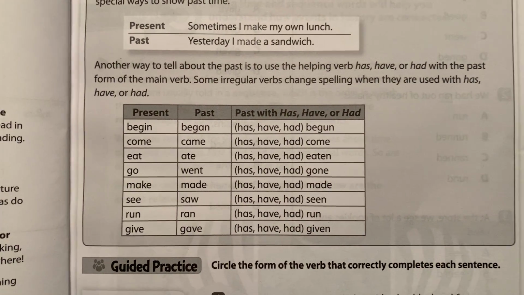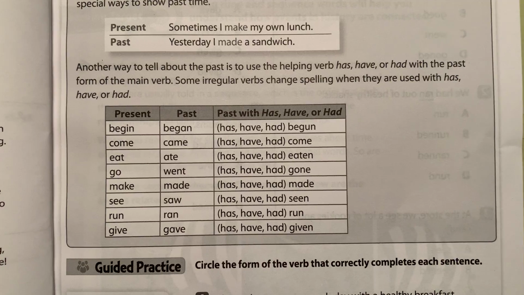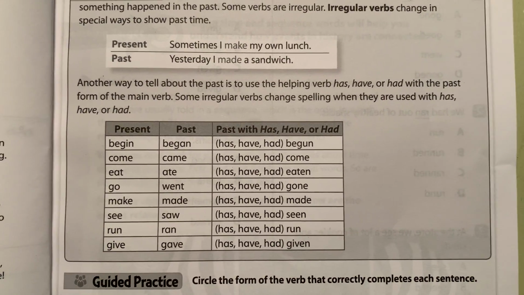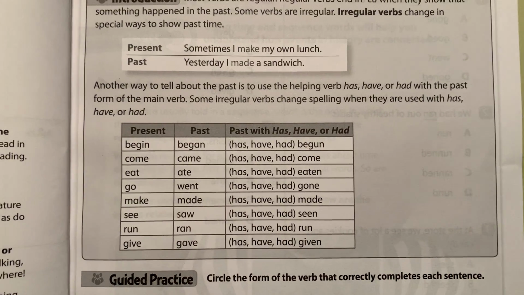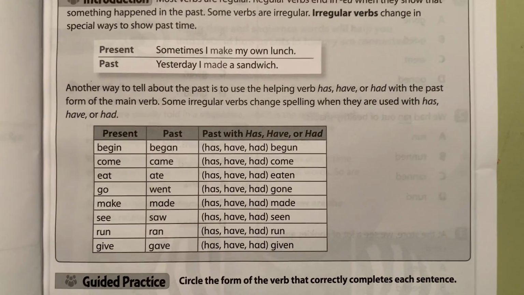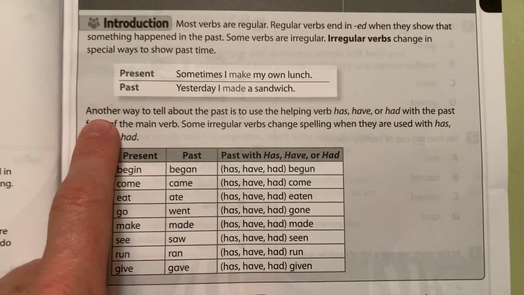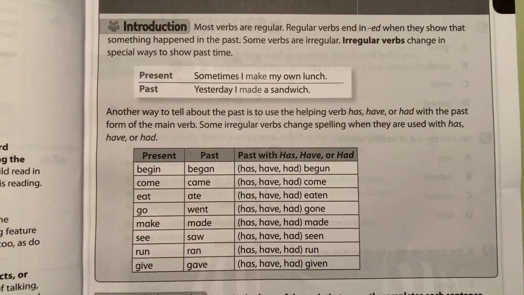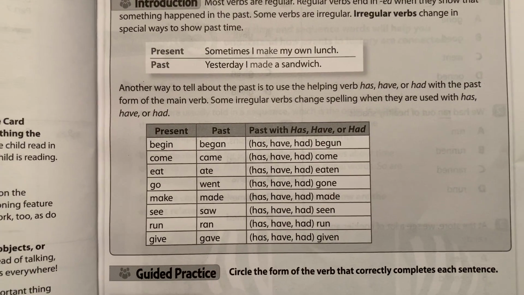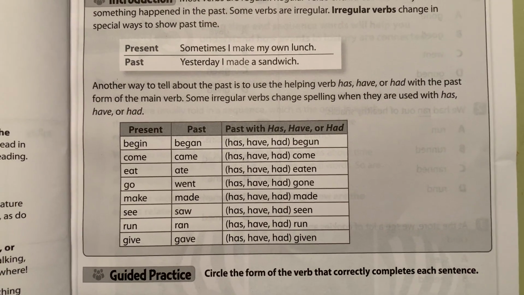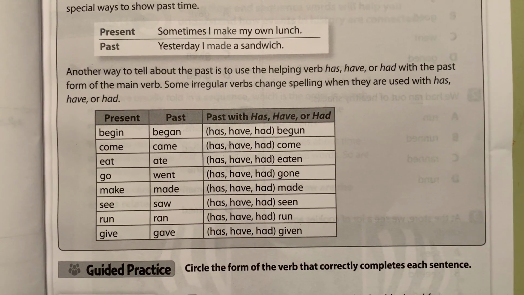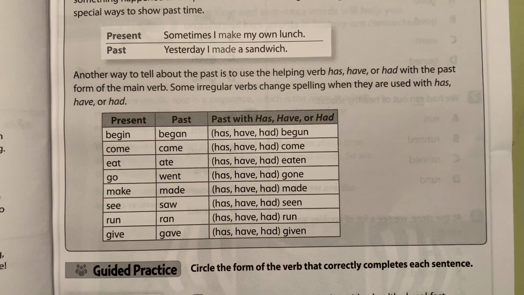And they tell you that sometimes you change the word even more when the helping verbs has, have, or had are also a part of the verb in the sentence. So just reading along, another way to tell about the past is to use the helping verb has, have, or had with the past form of the main verb. Some irregular verbs change spelling when they are used with has, have, or had.